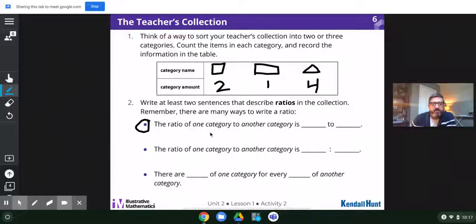So let's try the ratio of squares to triangles. Can anybody tell me what that ratio would be? So the ratio of squares to triangles is what to what? We look at our table up here where we sorted them out.